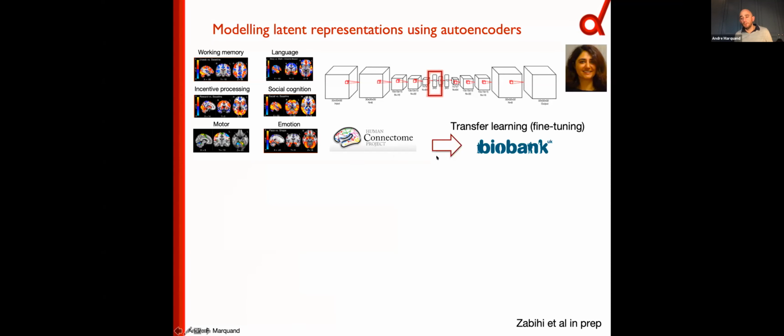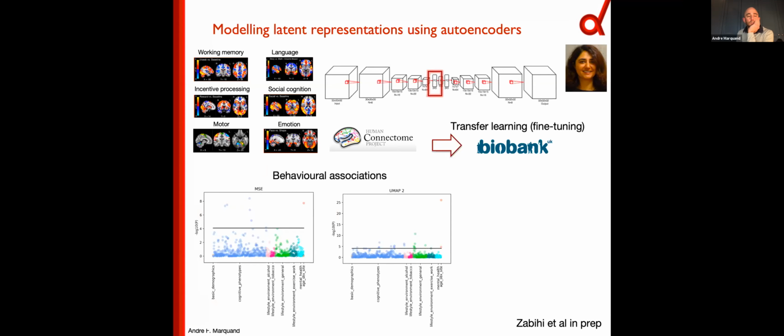We can also do transfer learning in this context, and Mariam applied this to UK Biobank, which has the same fMRI task. She derived lots of different associations with cognition and lifestyle variables and so on. This is just a Manhattan plot showing the association, in a mass univariate setting, between this latent representation and all these different cognitive and health-related outcomes.